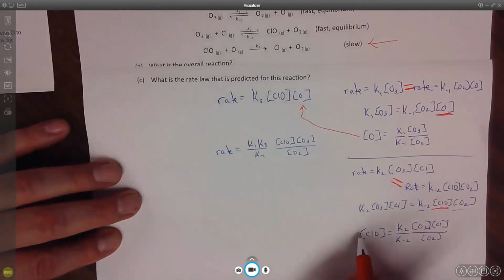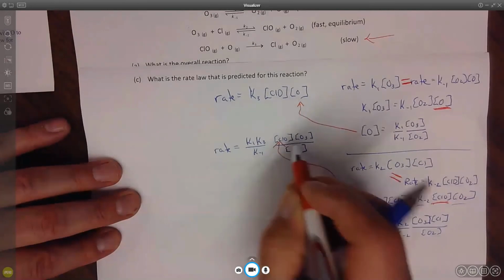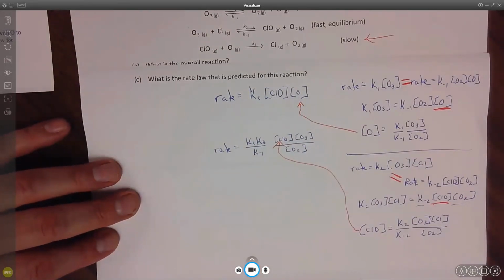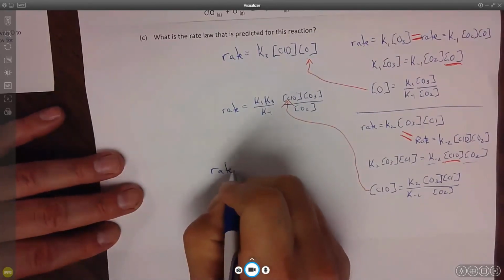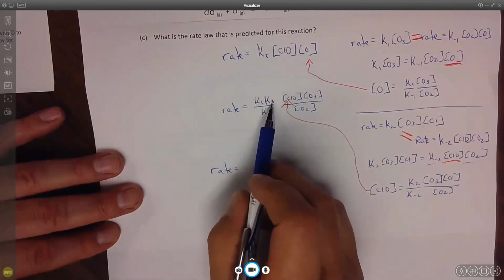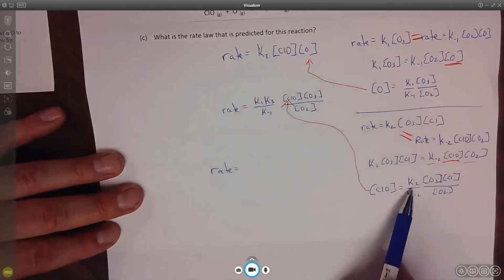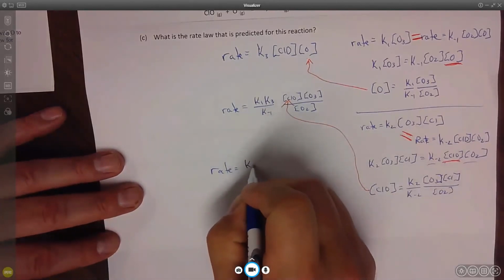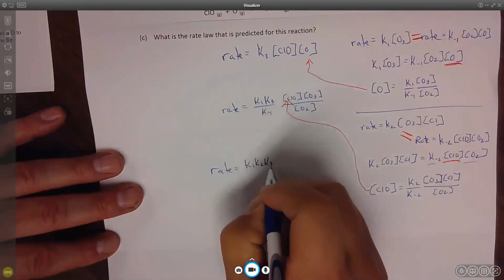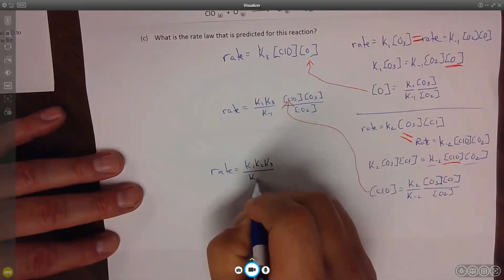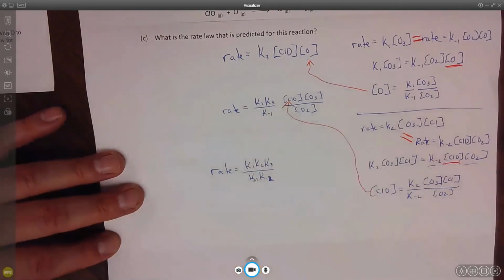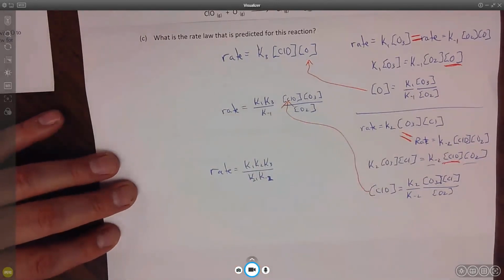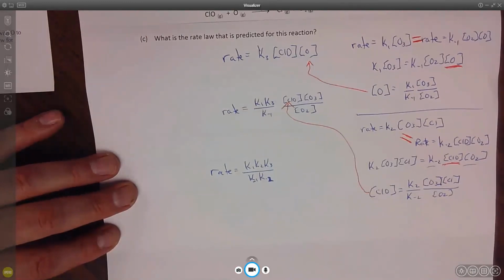Now I'm going to take this and substitute it into there. So now I have rate equals our K1, K3 over K minus 1, but I'm going to multiply this to it as well. So that's going to become K1, K2, K3 over K minus 1, K minus 2. Okay.